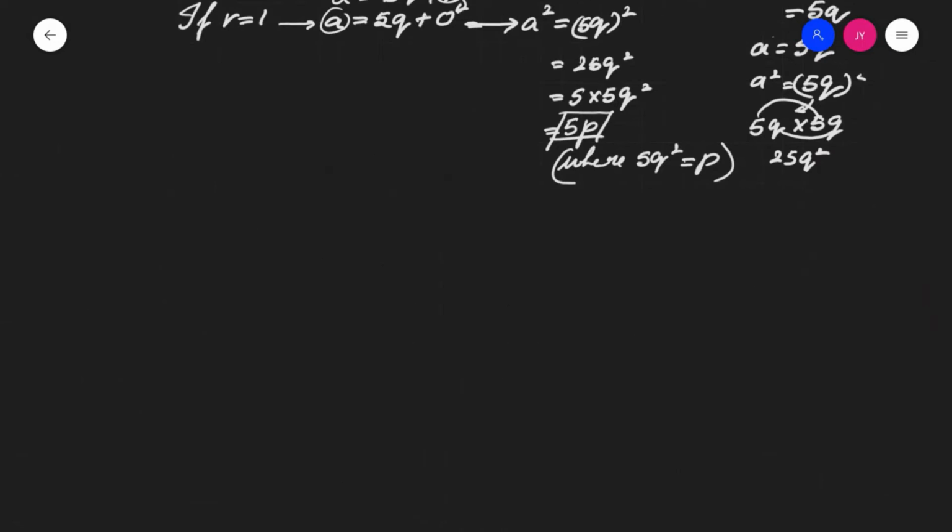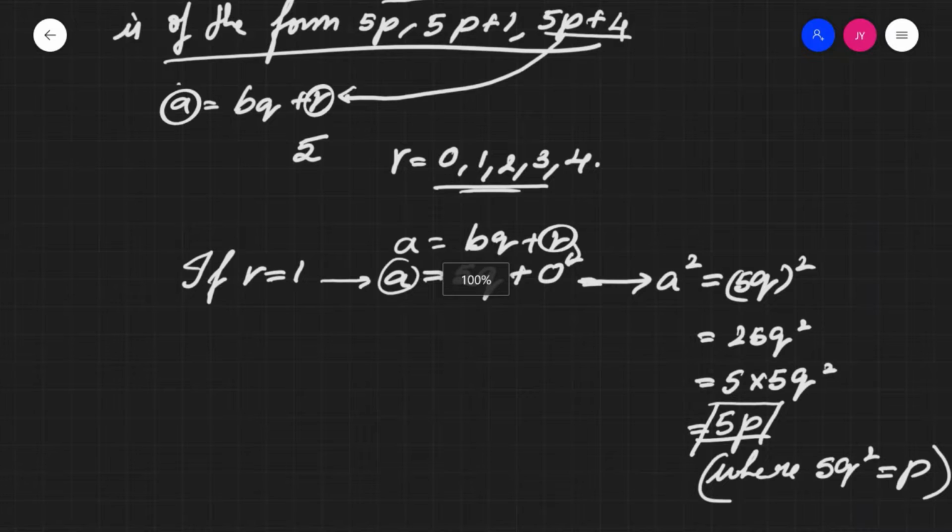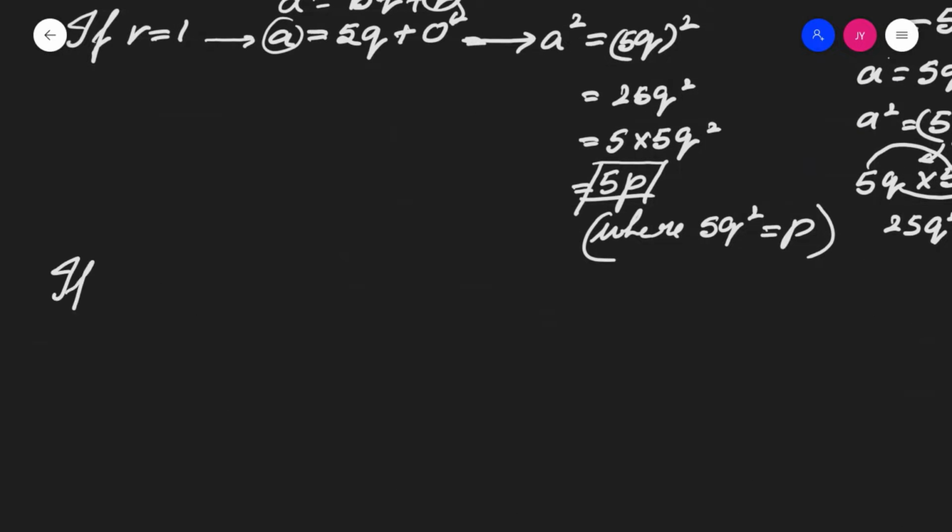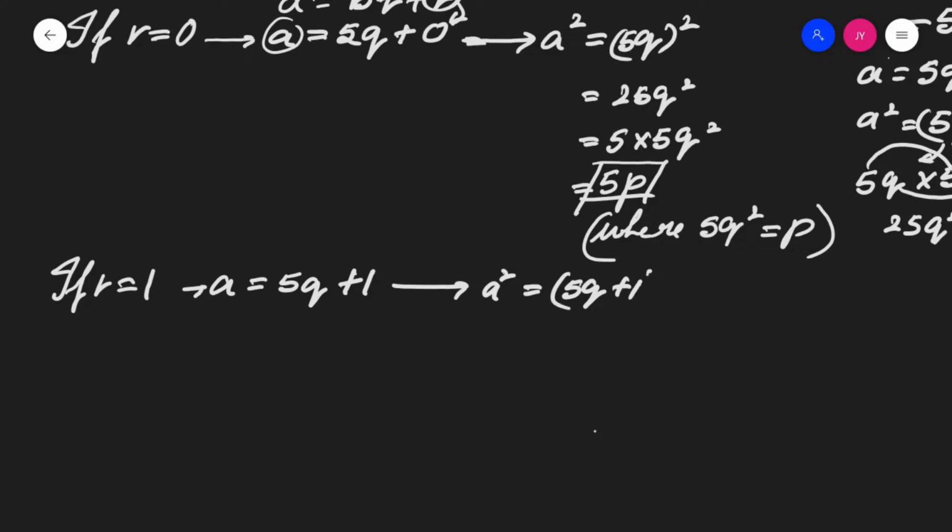Next, when r is equal to 1. Sorry, I made a mistake earlier, it was r is equal to 0 for the first case. So here a is equal to 5q plus 1, then the square of that integer, 5q plus 1 whole square.